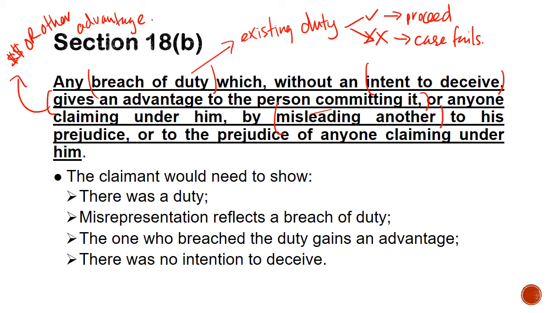So as we saw earlier, there must be a duty, must reflect a breach. The person who makes the statement gains an advantage. There is no intention to deceive, and the person who is relying on the statement must suffer some form of detriment. If they don't suffer any detriment, I suppose there wouldn't be much of a claim.